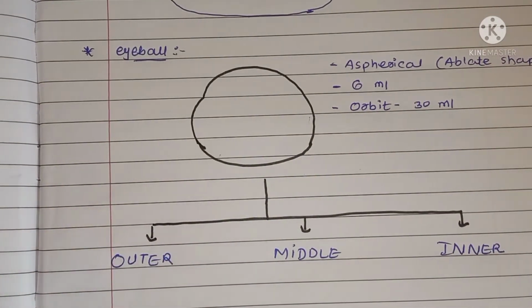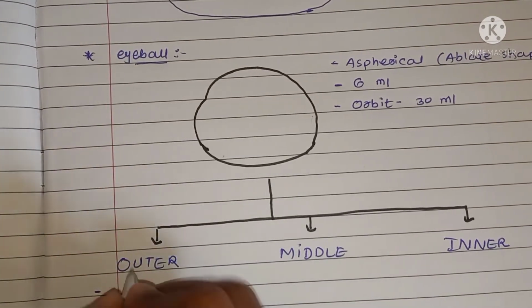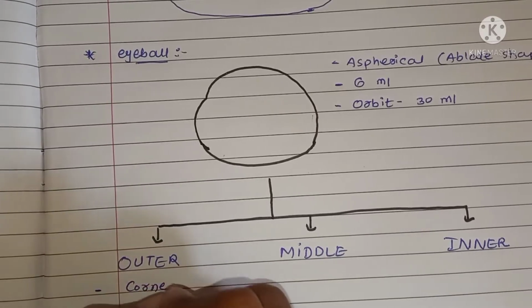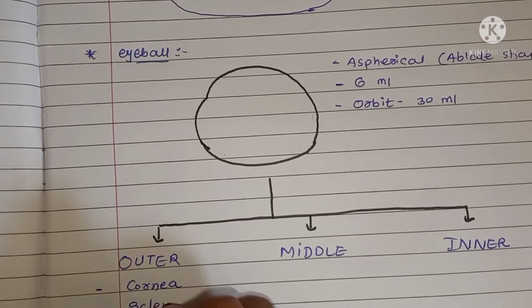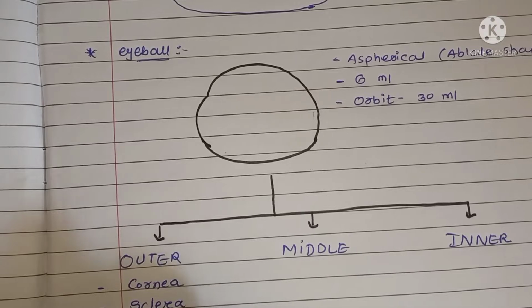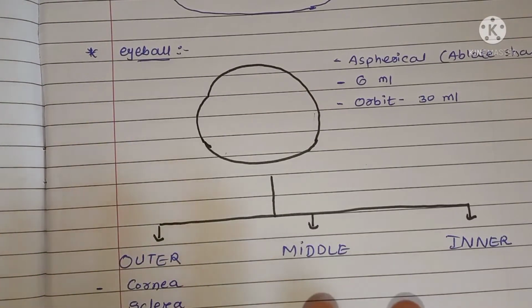In the outer layer we have 3 structures. First of all, cornea. Second one is sclera, and third one is limbus. We will see all these in a diagrammatic structure, but for now just remember the names.